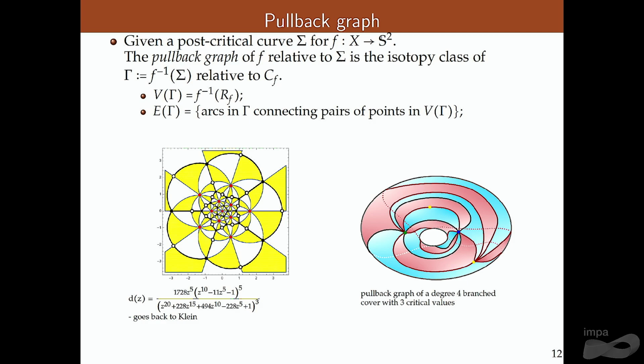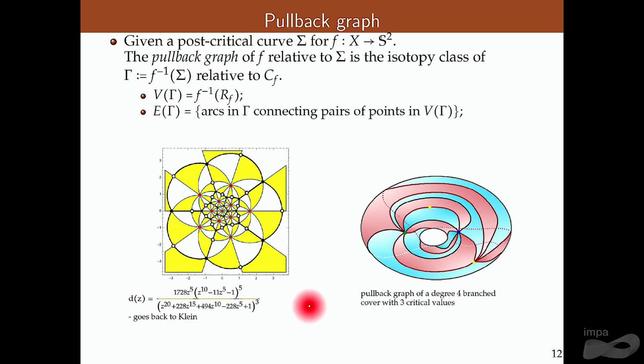So given a branched cover, you take a Jordan curve passing through its critical values, you color the two components, and then you pull it back; you get what we call a pullback graph of the surface relative to that Jordan curve, okay? So here we have two examples.